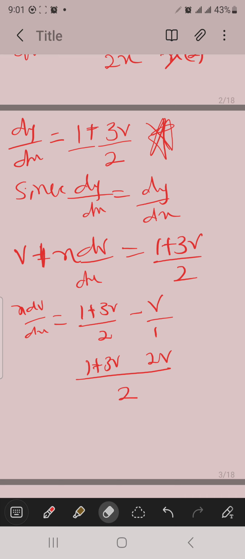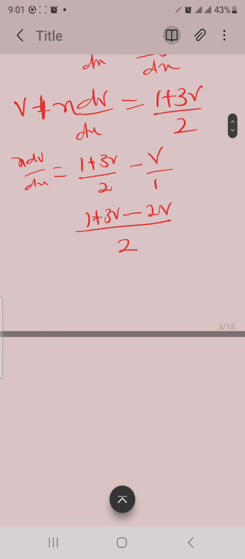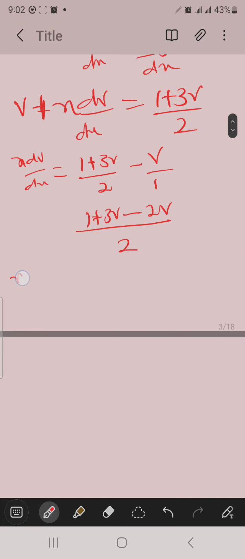It is the normal LCM, 1 times 2 times v is 2v. Continuing, we have x dv/dx equals (1 plus v) over 2. I hope this makes sense.